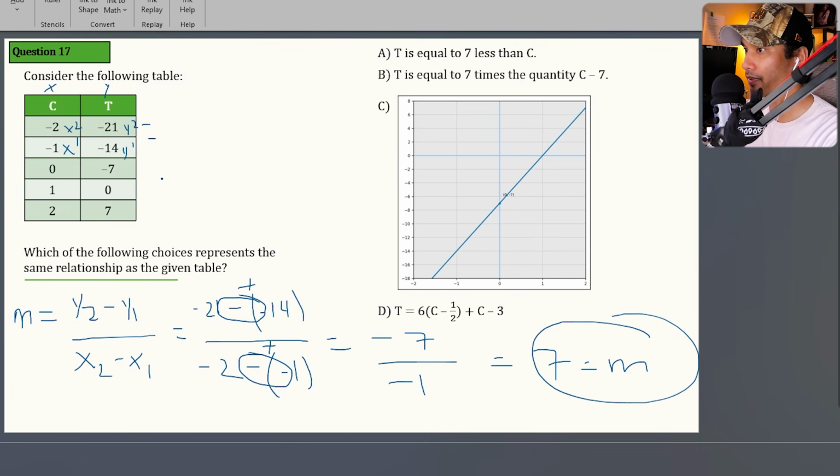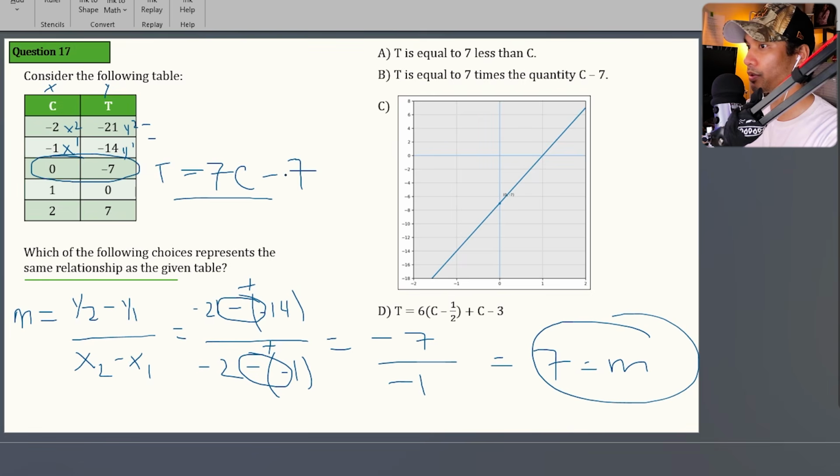And then now we must find our y-intercept, and that's already on the table. So our formula is T equals 7C minus 7. This is our formula now.